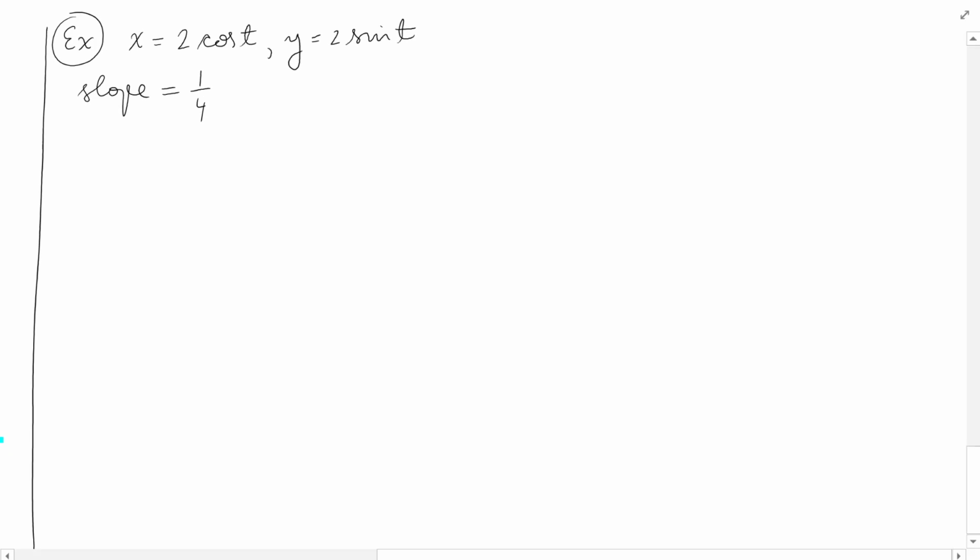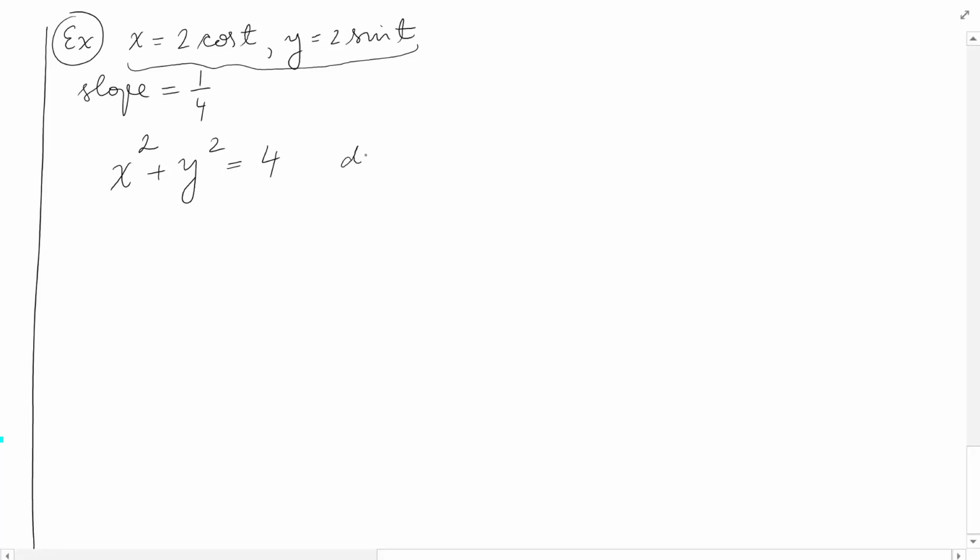Well, we can solve this problem this way. We can start with the fact that this is giving us the equation of a circle, x squared plus y squared equals 4. So the equation of a circle centered at the origin with radius 2.